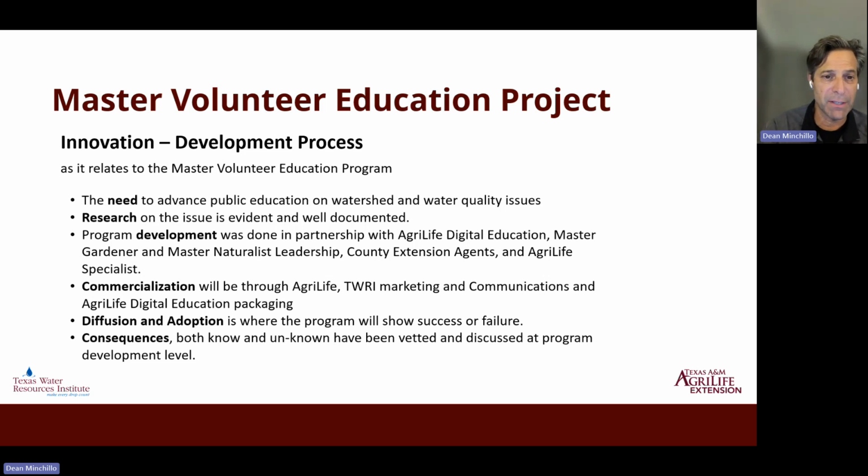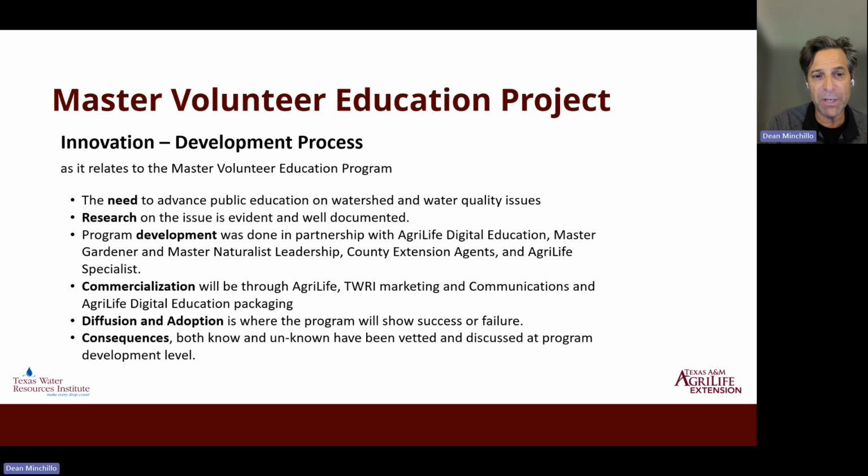The development is long and tedious, and then commercialization will also be marketed and packaged through AgriLife and TWRI Marketing and Communications, and that will have the same look and feel as everything that is Texas A&M education-wise. So we hope it will have much more appeal because it'll have that Texas A&M look and feel.